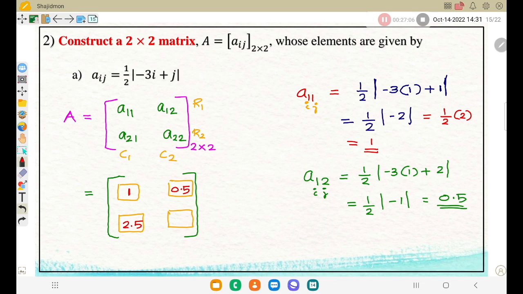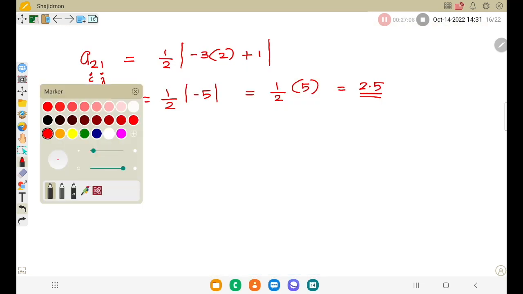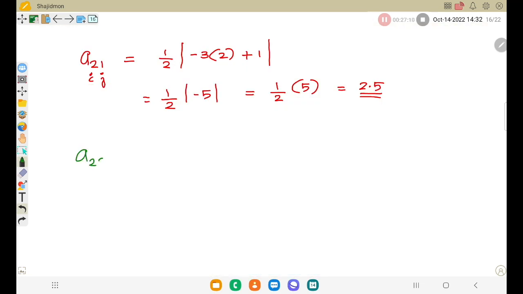Now in the same way A22, the fourth number. A22 equal, that means the i number is 2, j number is 2. So half multiplied by absolute of minus 3 times i, which is 2, plus j, which is also 2. So equals half multiplied by absolute of minus 6 plus 2, that is minus 4.